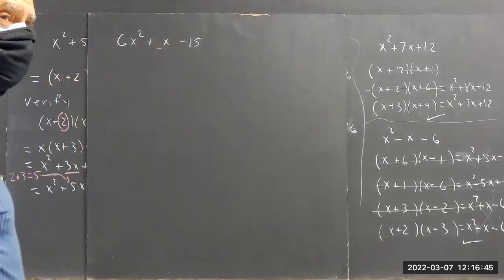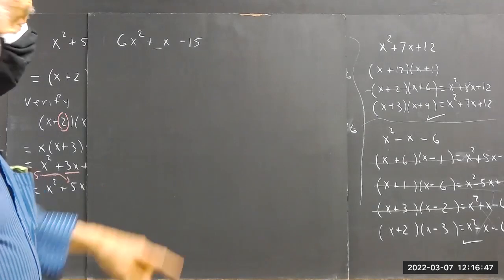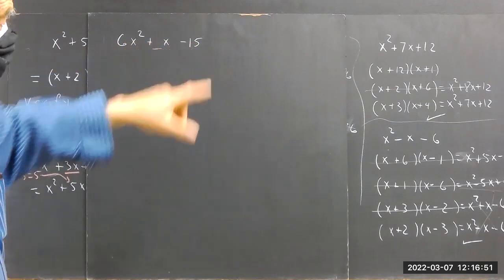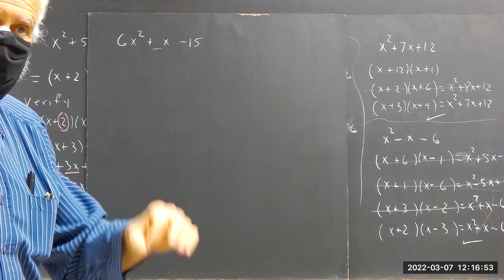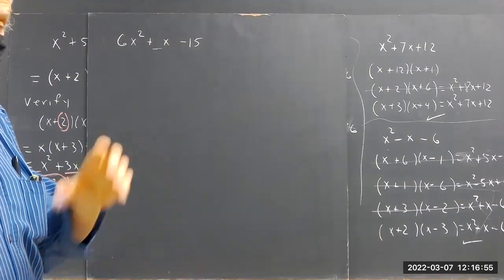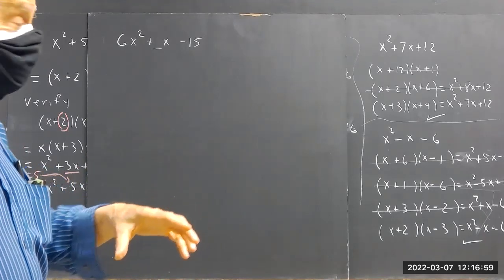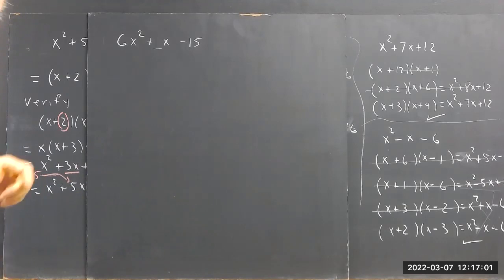Some multiple of x. Whatever multiple of x you get here, what are your possibilities for 6x squared minus 15? That's what we have to check out. And you're going to have a lot more possibilities. So I'm just going to write out possibilities here because we've only got 2 minutes left.